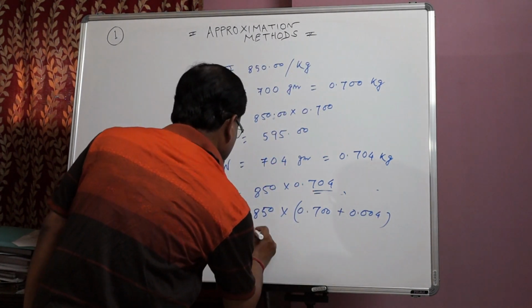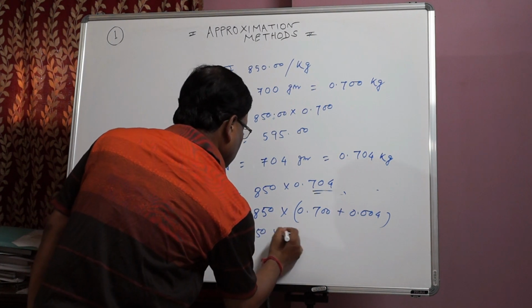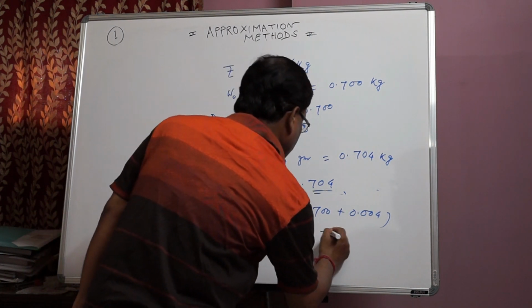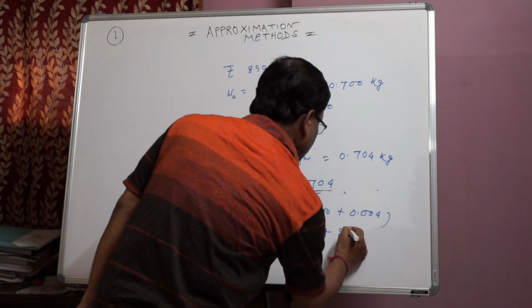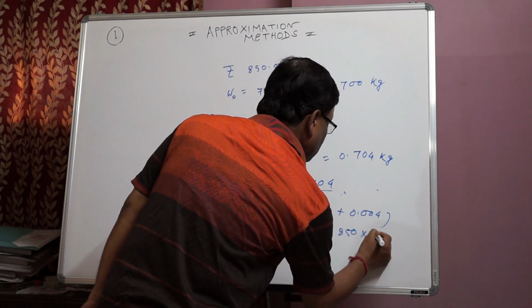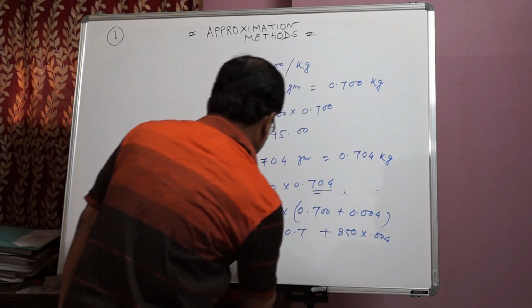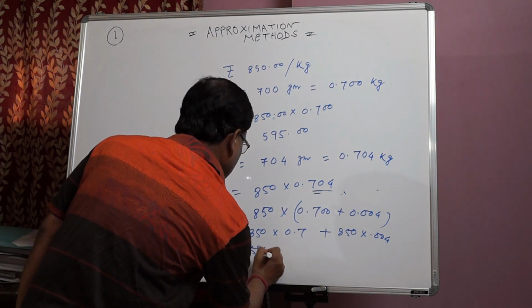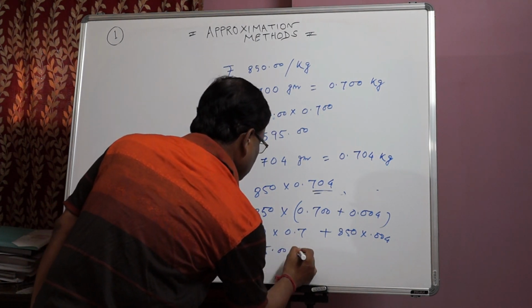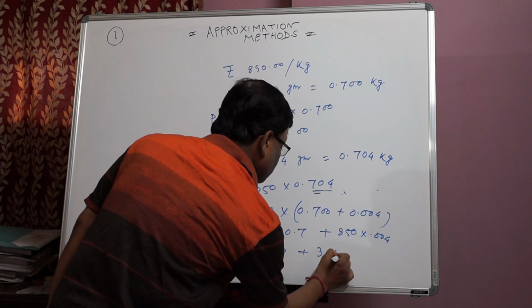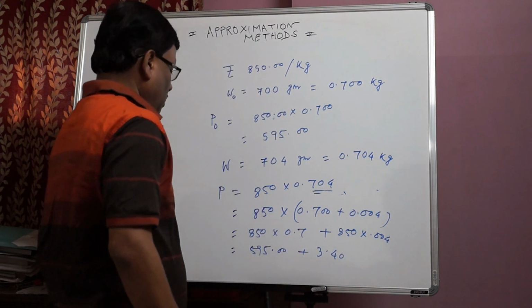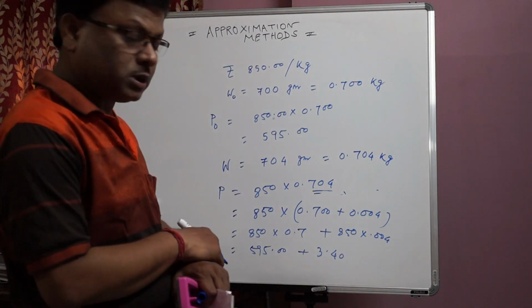So it becomes 850 into 0.7 plus 850 into 0.004. So it becomes 595.00 plus 3.0. So the seller loses this amount.